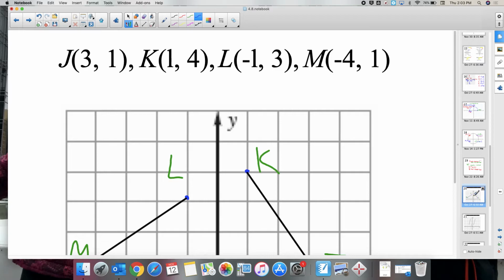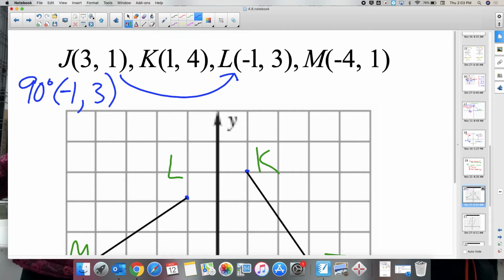Okay, it says graph JK and LM. Tell whether LM is a rotation of JK about the origin. If so, give the angle and the direction. So here's point J. Basically, it wants to know, when you take point J, can you get to point L? Well, if we rotate point J 90 degrees, we flip our point, and our new x changes signs.